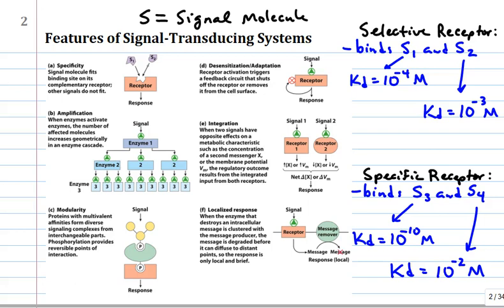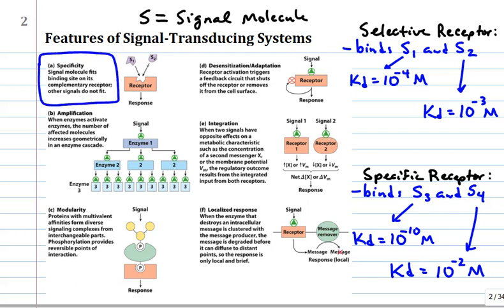Imagine a world where other molecules besides insulin could bind the insulin receptor and initiate the same cascade events within the cell. That's not good. The insulin receptor needs to be specific for insulin. So specificity is a very important issue.